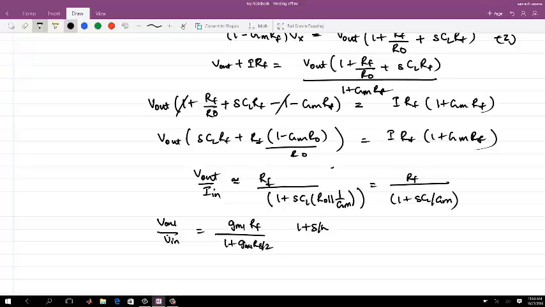The things which you have controlled by RS and CS, those things have not changed. Gamma omega Z, right? What you get is another pole, 1 plus SCL by GM, the GM of the second stage. You got more freedom in controlling the DC gain and the output pole.